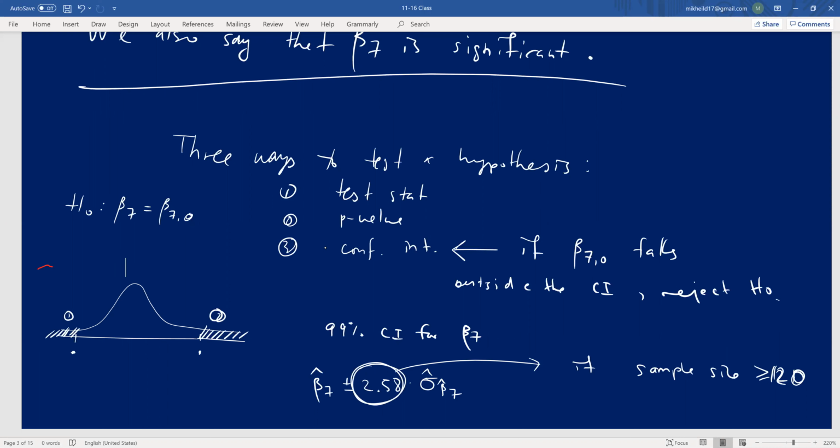That is when we calculate 2 times P of Z smaller than negative absolute value of the test statistic, like we just did in Excel. Great. Everything that you said is correct. What do we have here and here? You said it. Here you have the test statistic.